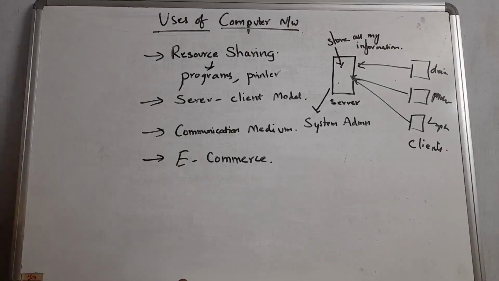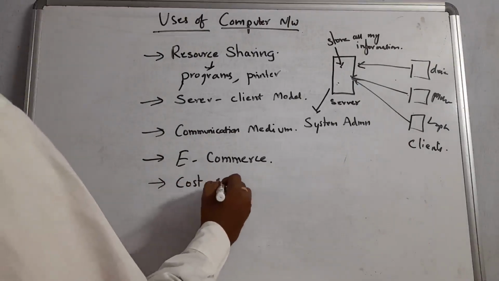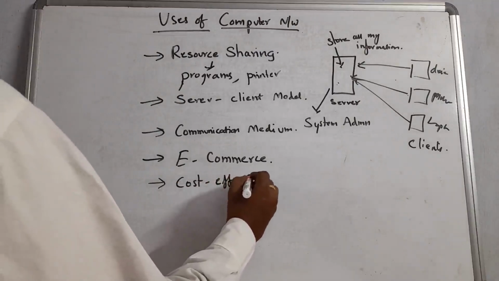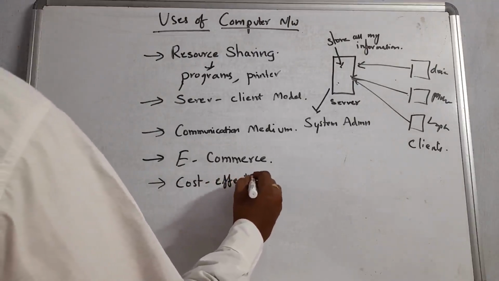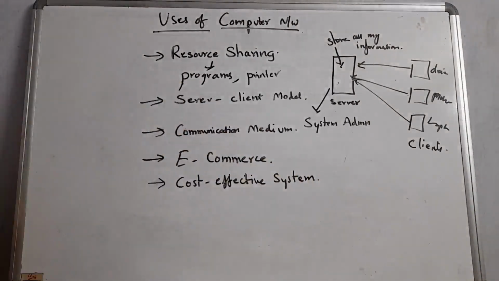Next one is cost effective systems. Computer networks have reduced the cost of establishment of computer systems in organizations. Previously, organizations used to set up expensive mainframes for computation and storage.